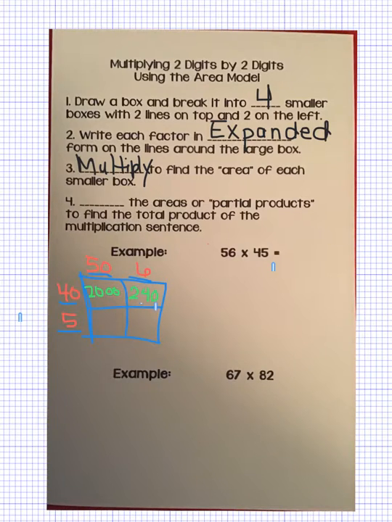Same thing with this box down here. I'm taking 50 times 5. Well, 5 times 5 is 25, and I'm putting 1 zero on the end.